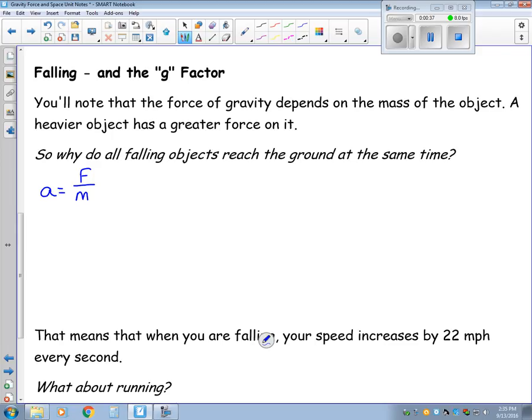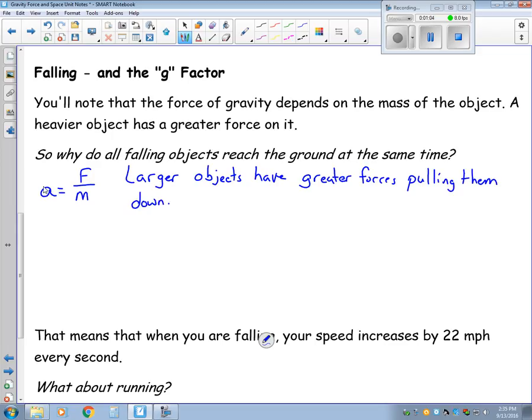So larger objects have a greater force pulling them down, but they also have larger masses.